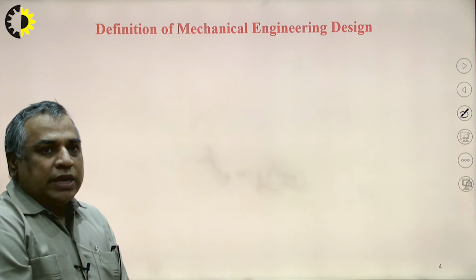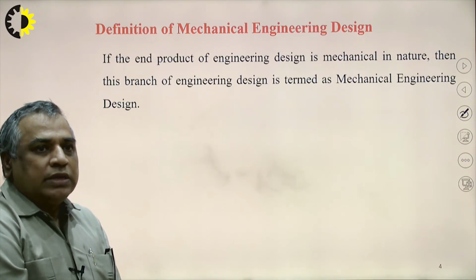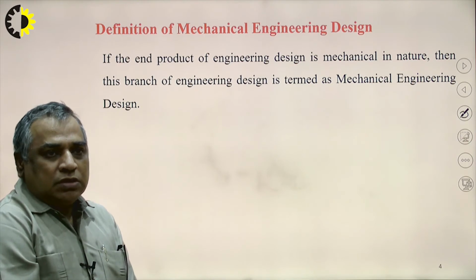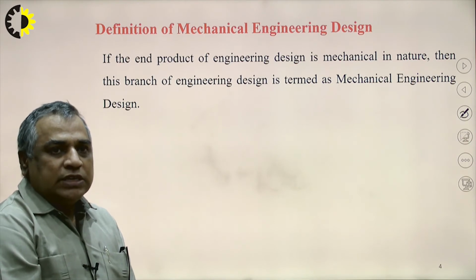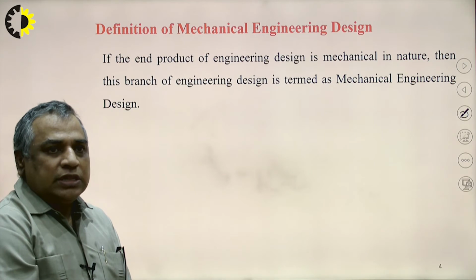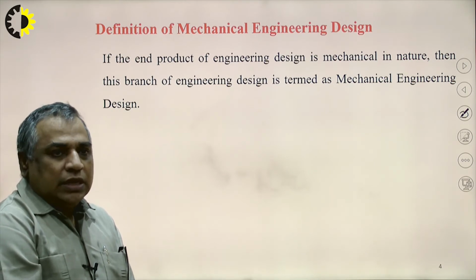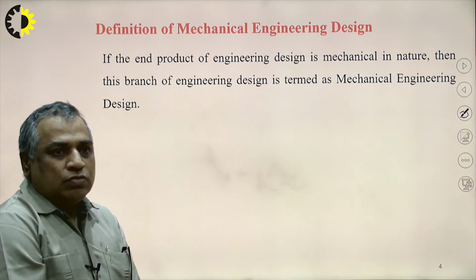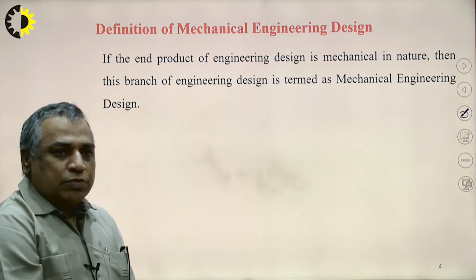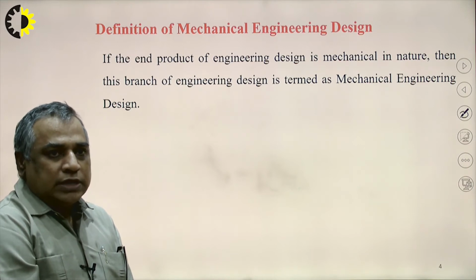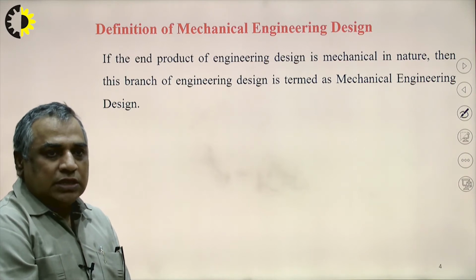Then the definition of mechanical engineering design. It is very simple. If the end product of the engineering design is mechanical in nature, then this branch of engineering design is termed mechanical engineering design. Designing of air conditioning, for conditioning the air, temperature, humidity, etc. of the room, is mechanical engineering design.